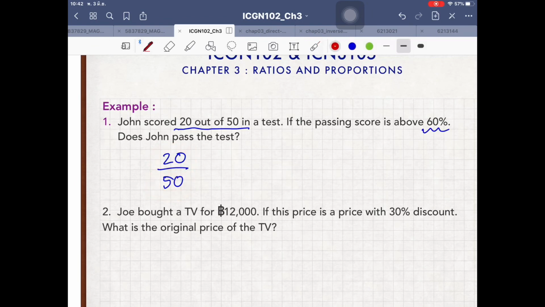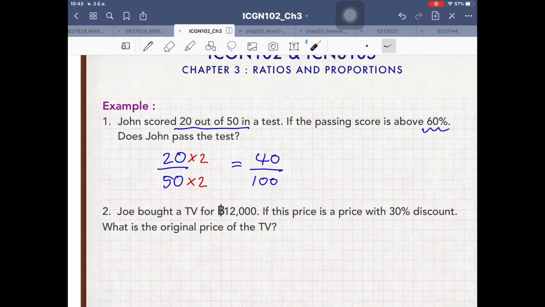And here you need to make 50 to be 100. Now you just multiply it by 2. But here you need to multiply by 2 to both numbers. So now you can get 40 over 100.